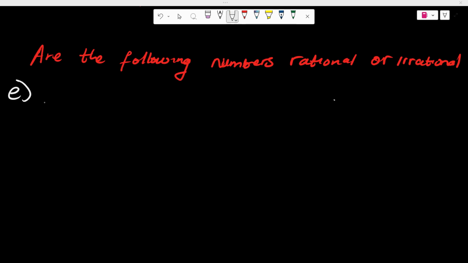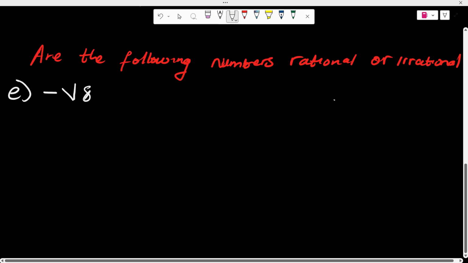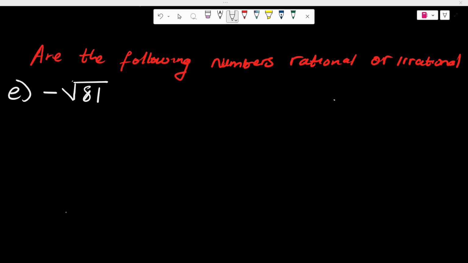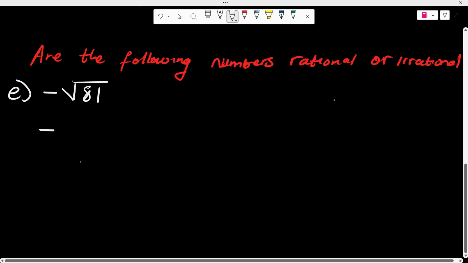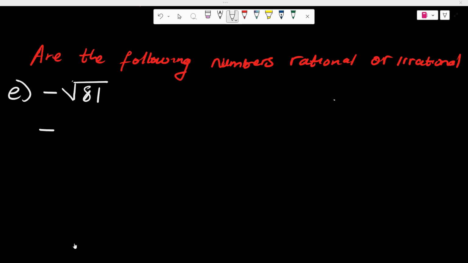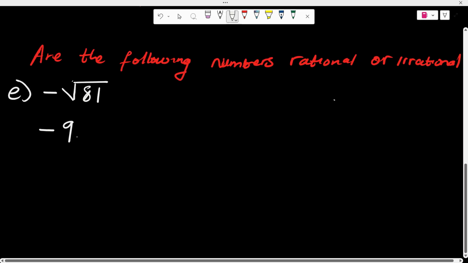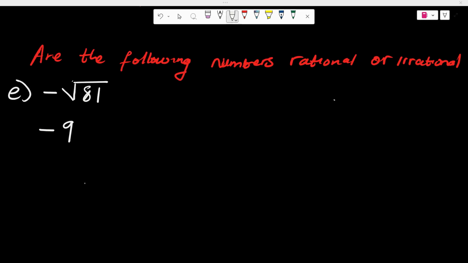Let's take negative root 81. First you have to break this down to its simplest, and root 81 is 9. Then now the question is, is negative 9 a rational number or an irrational number?